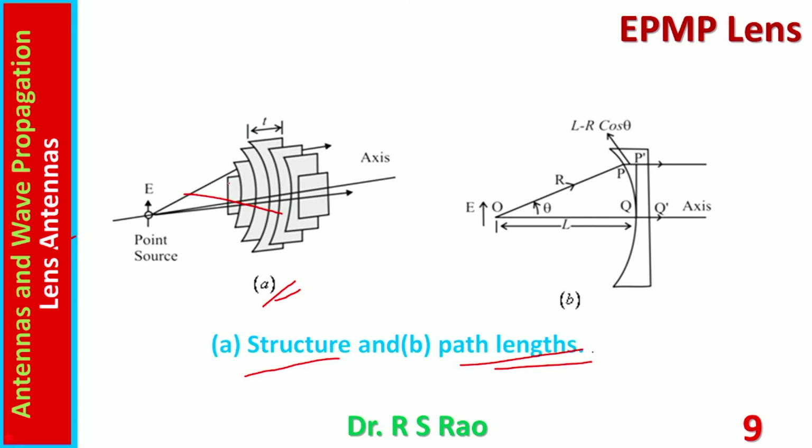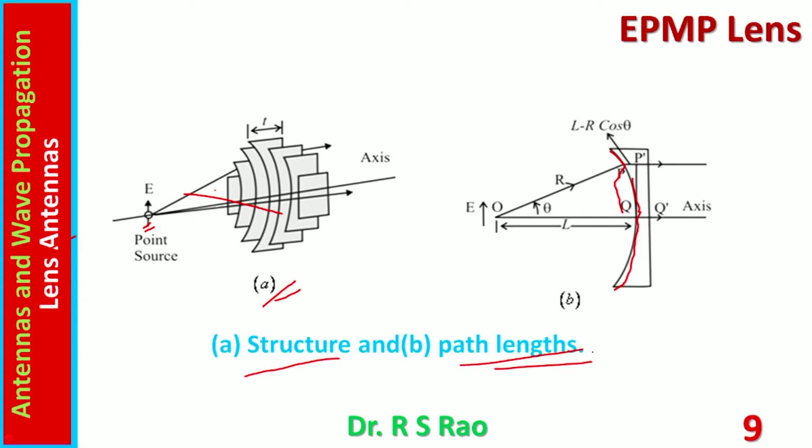Several plates are arranged. These plates are vertical. One face formed out of the sides of the plates is curved. The other one is plane. A point source is here.